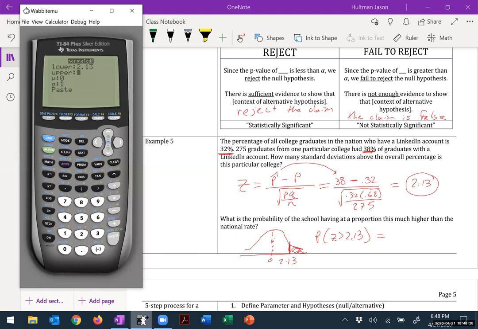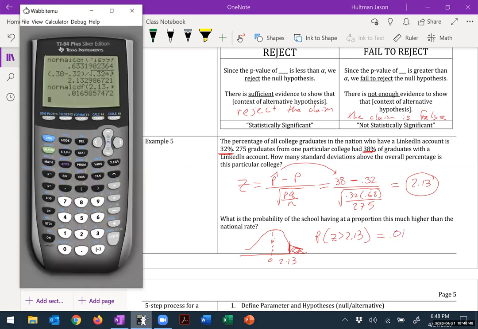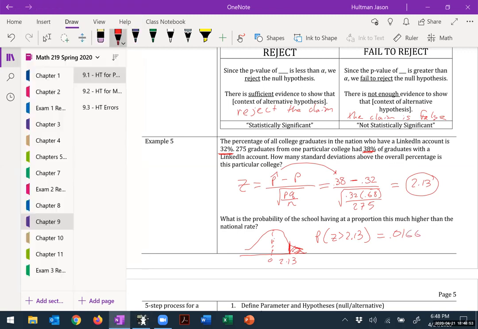Positive infinity is 1E99. 0, 1 is fine because it's a standard normal curve. We paste that and we get 0.0166, and that's the probability. So less than 2% of this actually occurring.